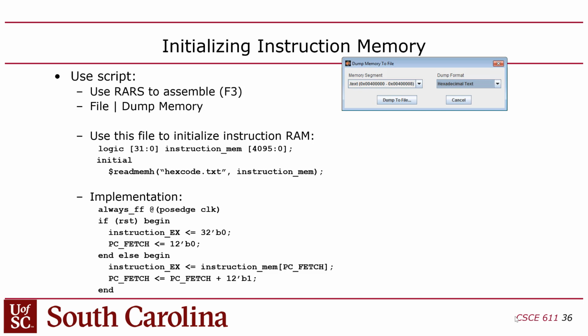Notice that PC fetch is the only signal currently that ends with _fetch, and it gets incremented by 1, and it's 12 bits, which means we have a capacity to store 4,096 instructions. Although obviously you can up that if you needed to.